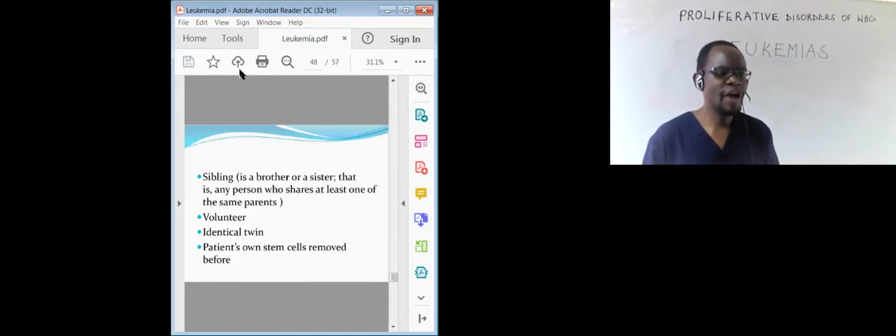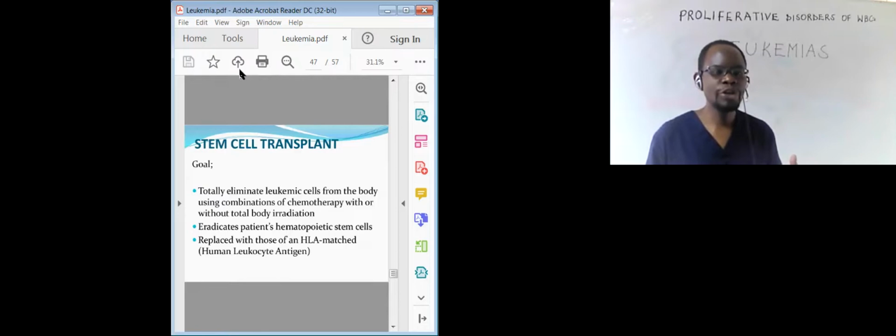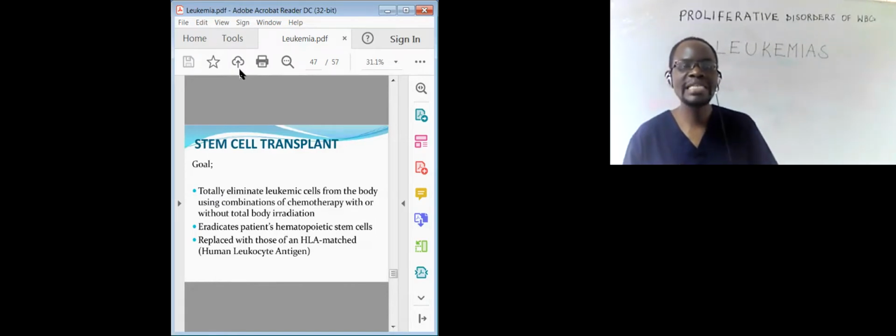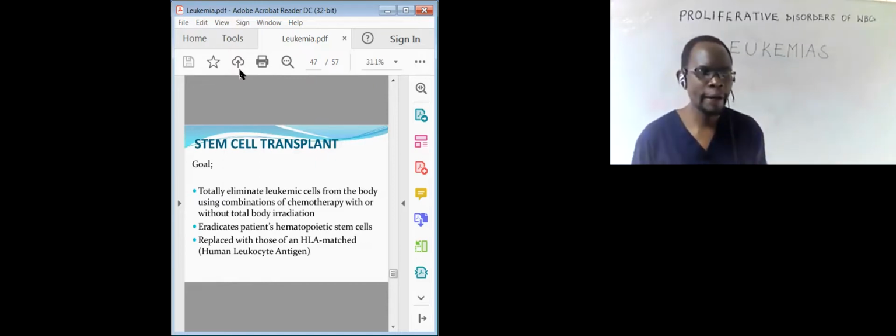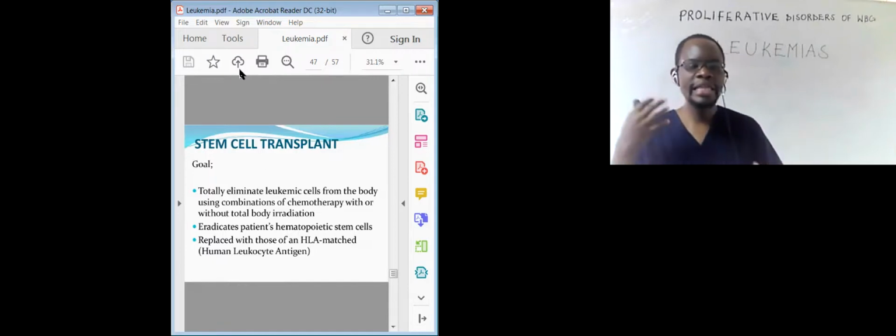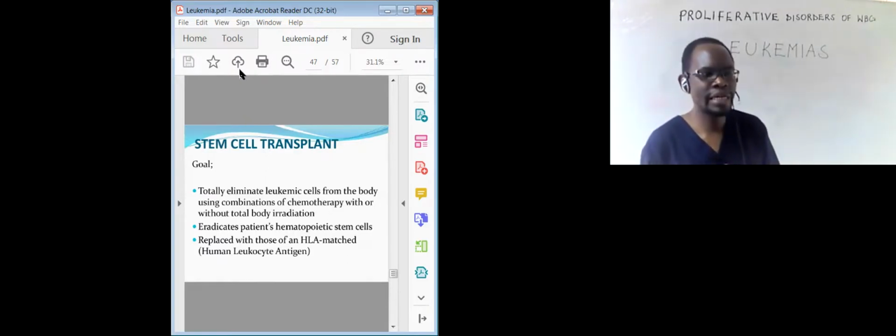So that transplant, it's like you're getting cells either from yourself, what we call autologous, or from a compatible donor. These are basically put into the bone marrow, and then they regenerate, and then you can totally eliminate the leukemic cells.